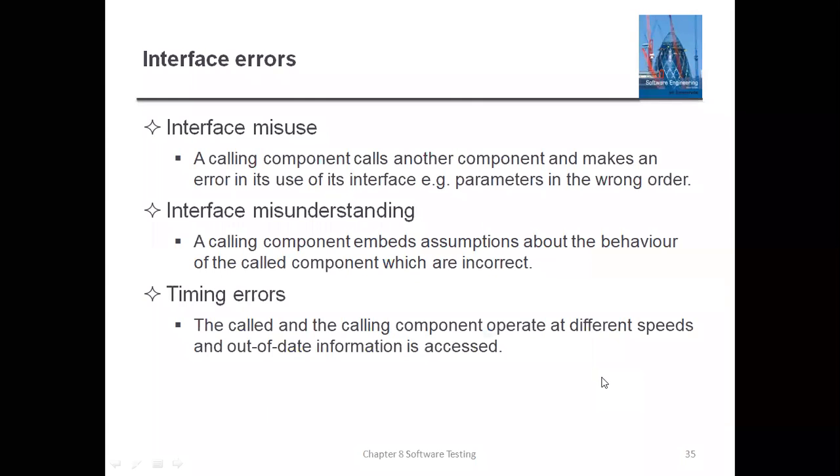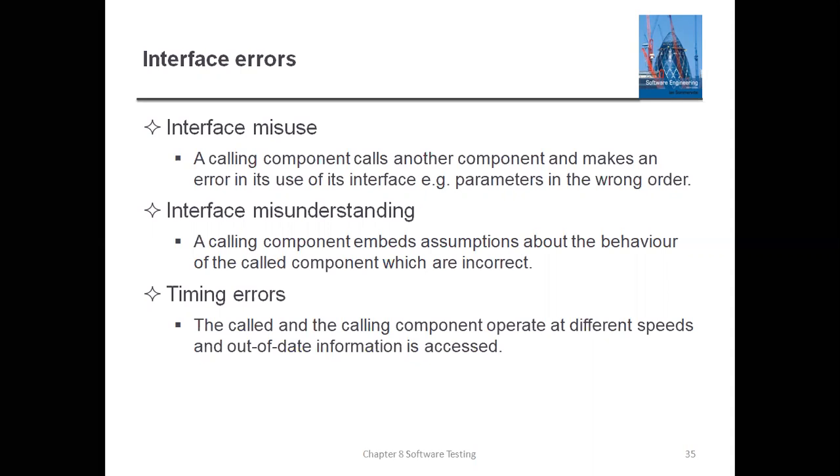Now we can see what the interface errors are. I told you already that the objective of interface testing is finding the errors. So what variety of errors are present? The first type of error is interface misuse. We have already seen there are many interface types.